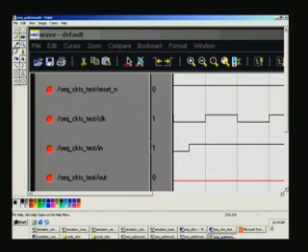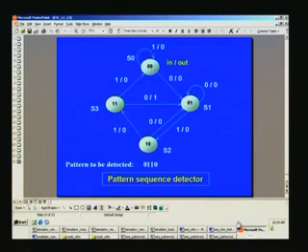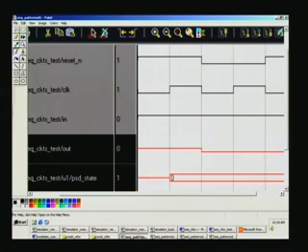We will have a look at the pattern sequence detector waveforms now, which we have already seen. The very first waveform here has very few signals. There is a reset and clock as usual, and this is the input pattern that we apply, and the final output pattern emerges from out, and the state it is in is indicated by this PSD underscore state.